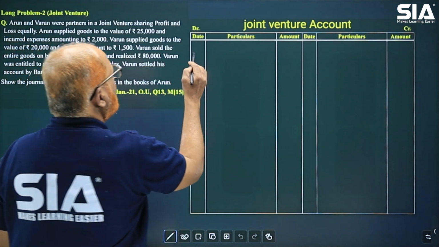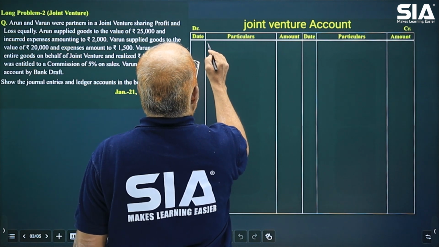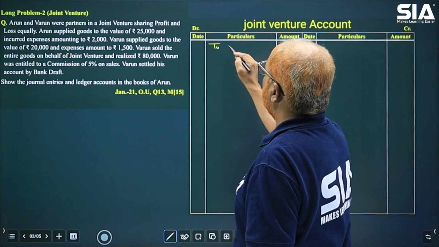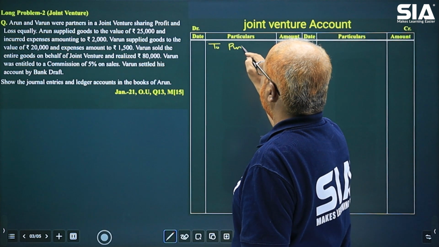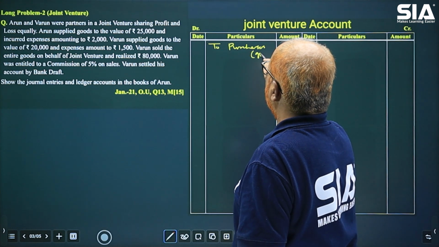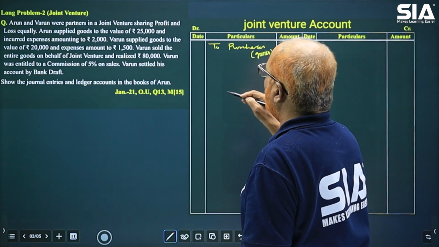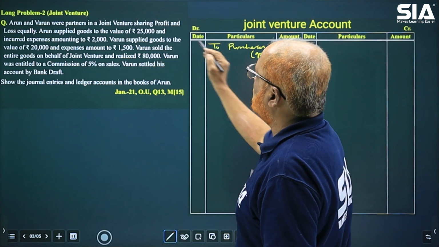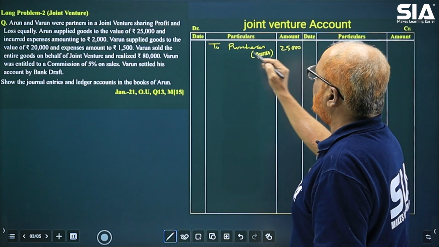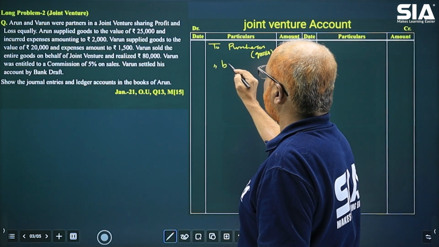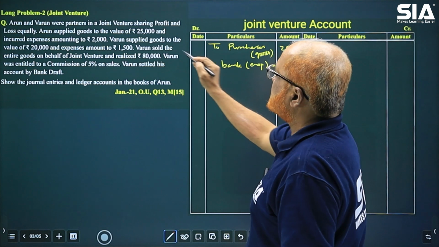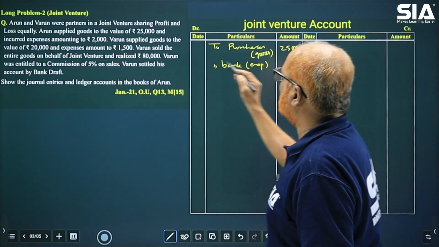So on the joint venture account debit side: to purchases, goods. Because these are the entries in the books of Arun, Arun has supplied goods to the value of 25,000. Similarly, to bank, expenses: how much expenses has Arun incurred? 2,000.